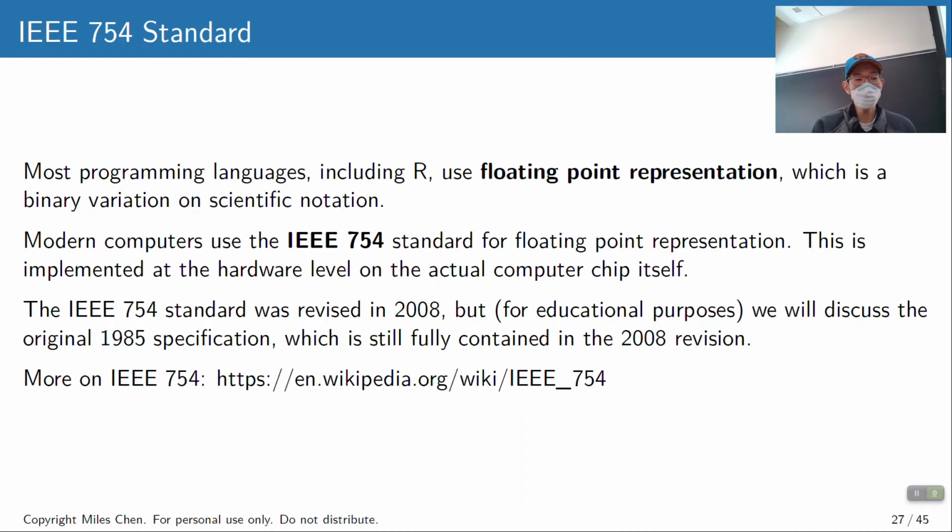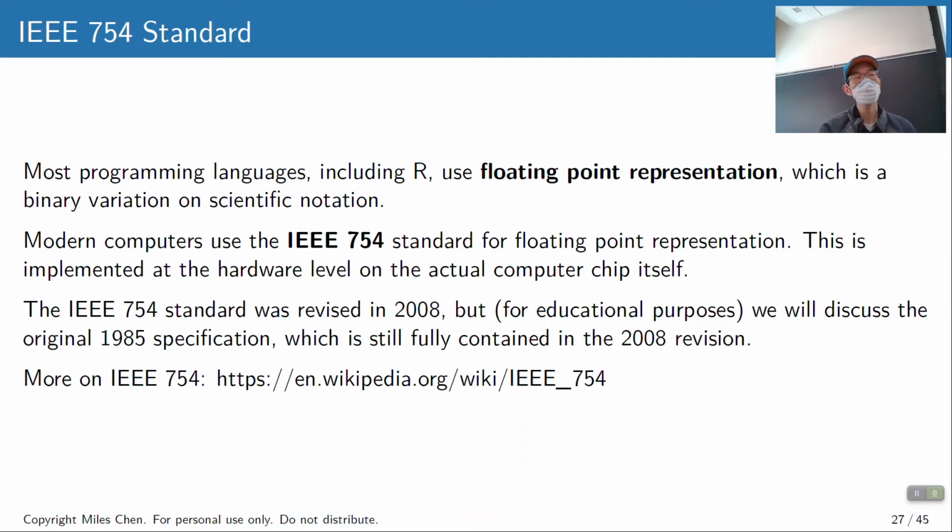For pretty much almost all of our computer languages, we have floating point representation, and modern computers use the IEEE 754 standard for floating point representation. This is implemented at the hardware level on the actual computer chip itself.